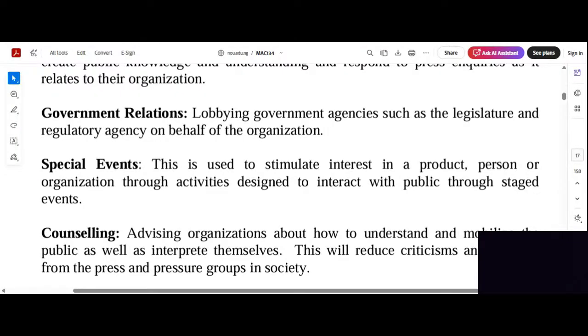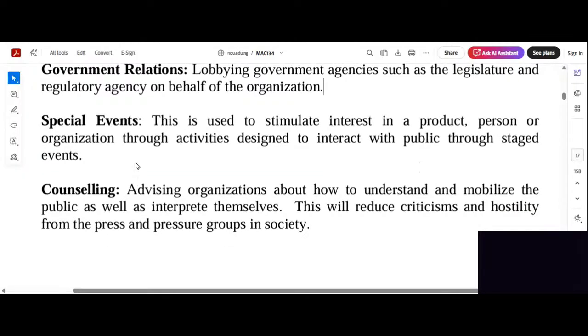So special event is a kind of specialization for the public relation officers, where he or she needs to stimulate interest in a product, person, or organization through activities designed to interact with the public by staging events. They do this a lot during election period.